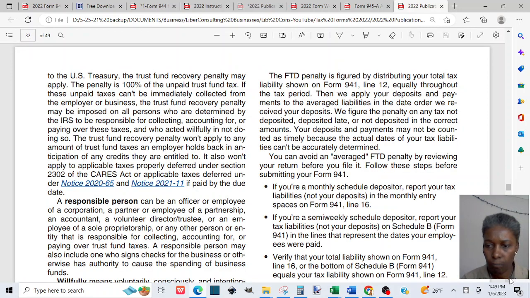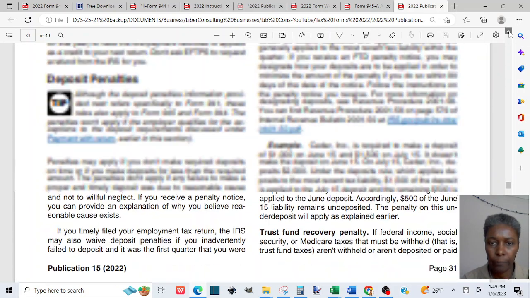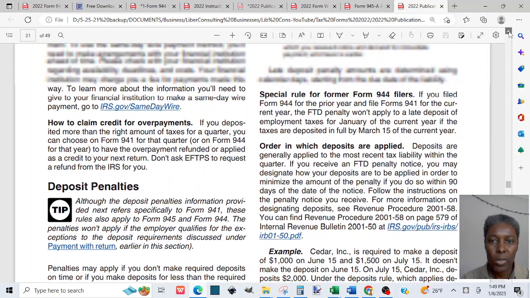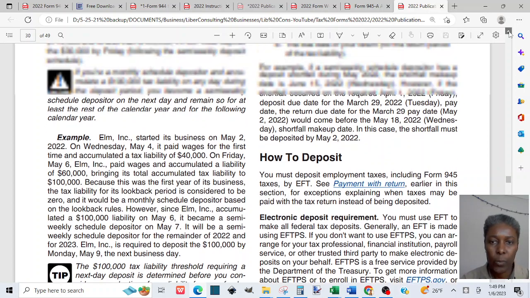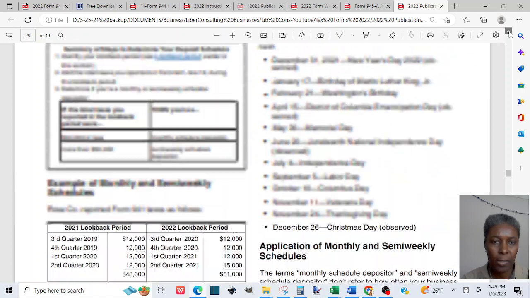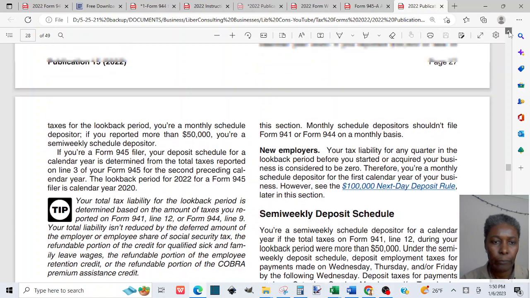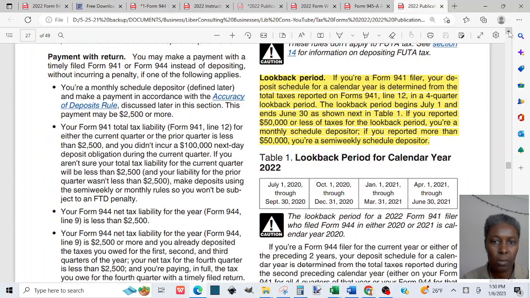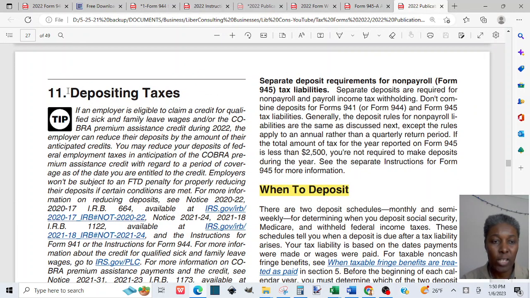Let me do 32 here. Okay, I think they start talking about it already around this area. So, how to deposit. Depositing taxes, I believe section 11, page 27. Depositing taxes, section 11 of Publication 15.